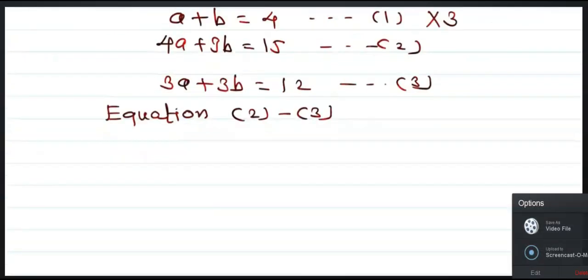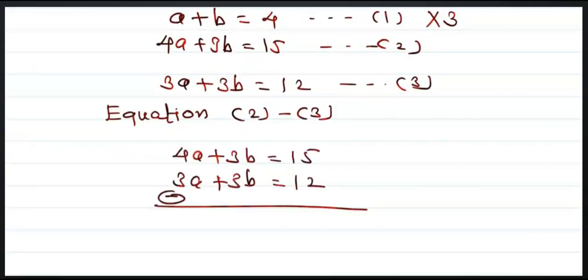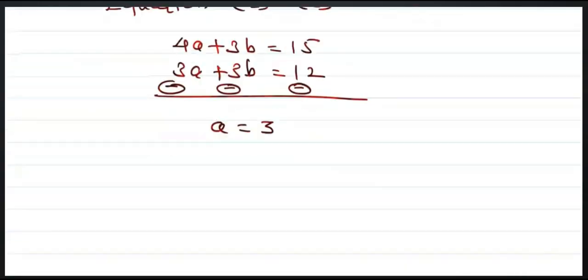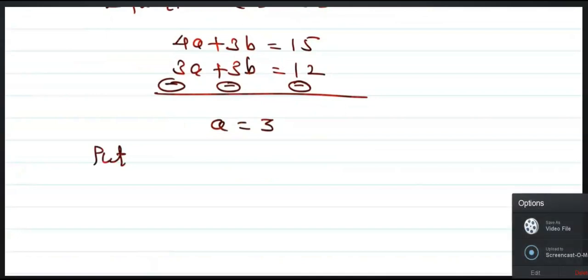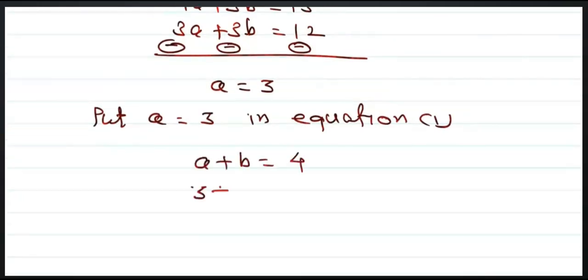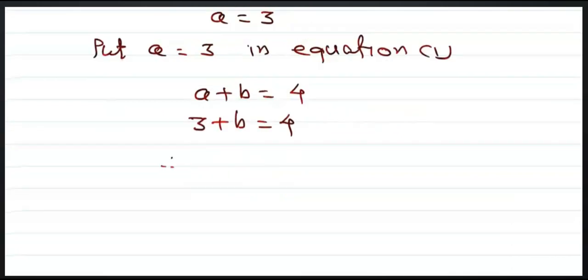Equation 2 minus 3, take their subtraction. 4a plus 3b is equal to 15, 3a plus 3b is equal to 12. Therefore, you will get a is equal to 3. In equation 1, a plus b is equal to 4, so b is equal to 4 minus 3. Therefore b is equal to 1.